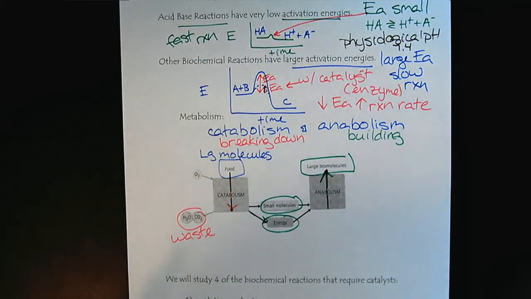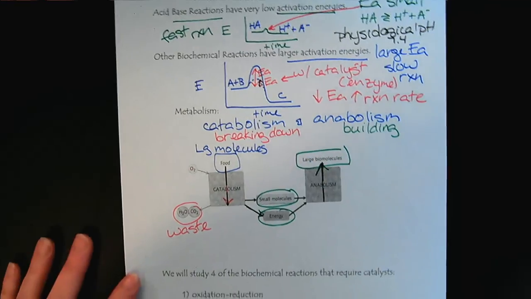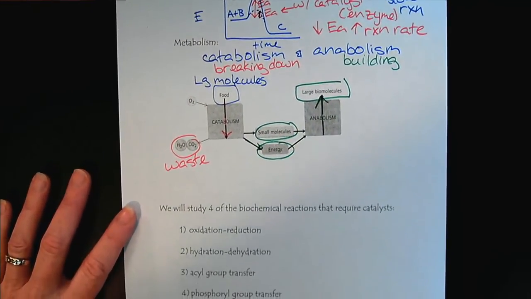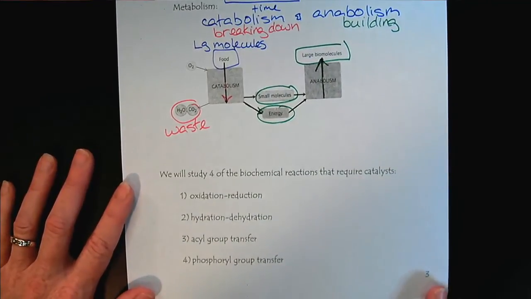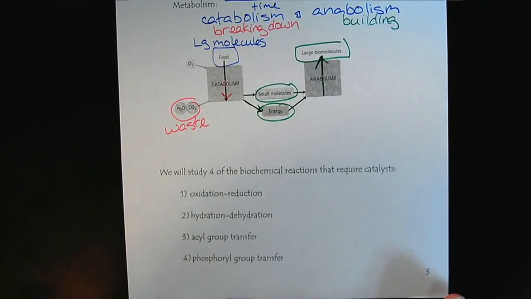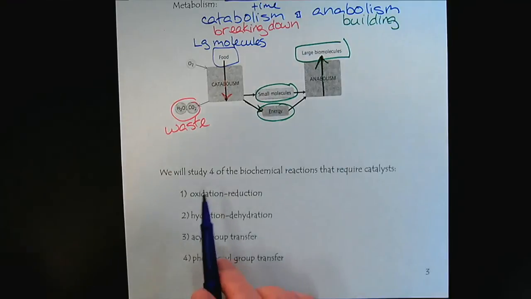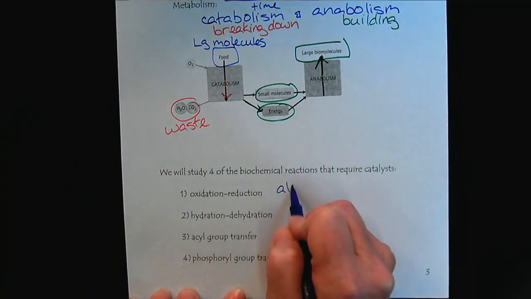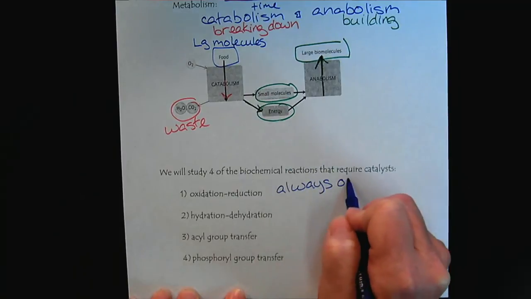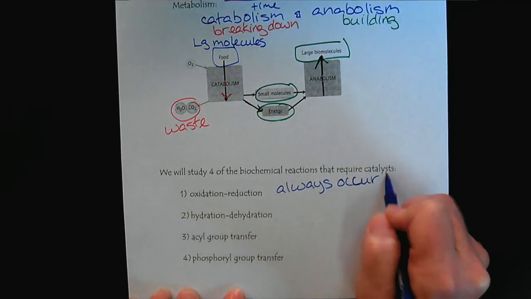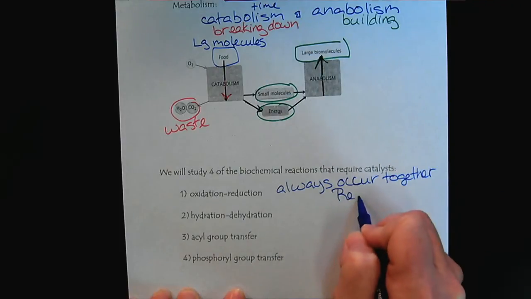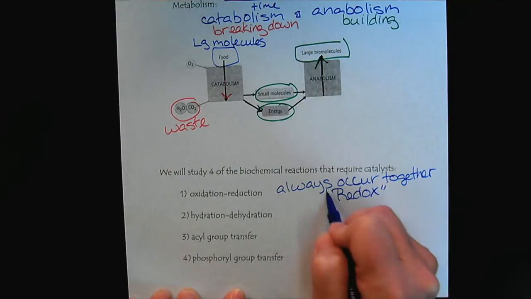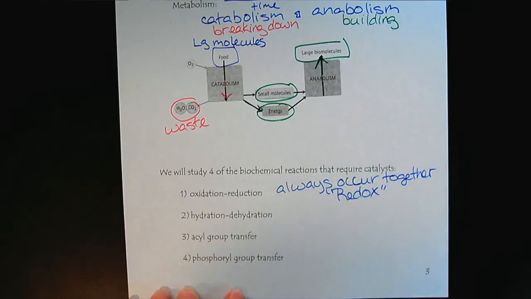Alrighty, so there are many important biochemical reactions, and the four that we're going to study in this chapter in particular are oxidation and reduction. Because these always occur together, we can simplify the name to redox, a little easier to say than oxidation and reduction.